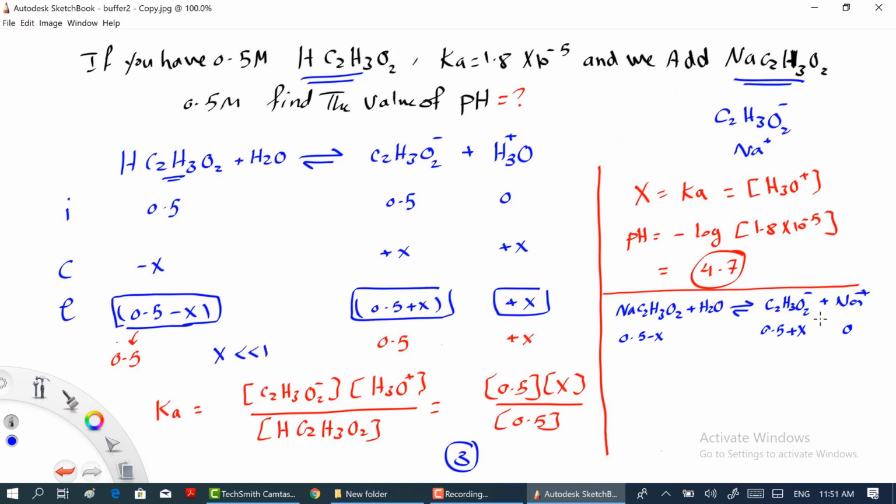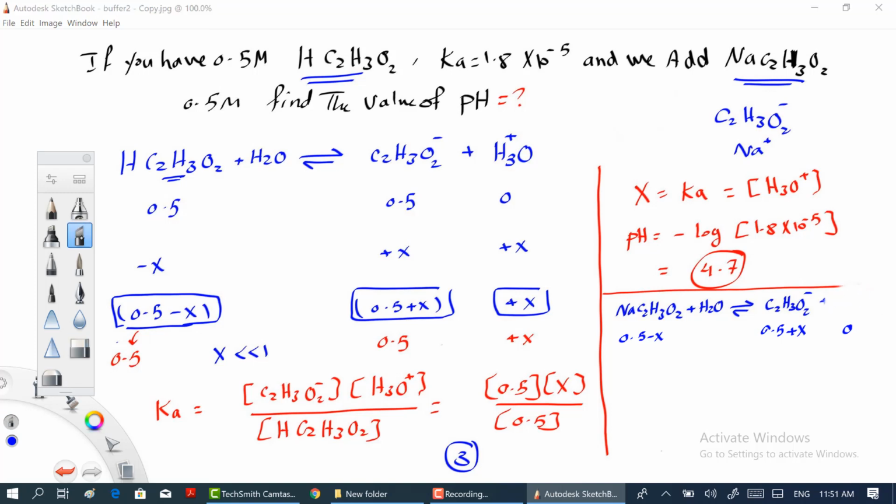In this case we will find, for the salt, OH or the H positive. Na attached with the OH and the left H positive. We find this species NaOH.